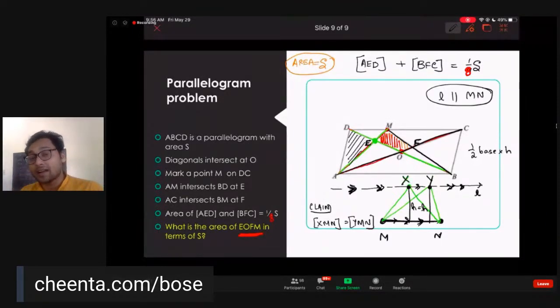Another way to think about parallel lines is that the distance between the two lines is constant. If you measure the distance between the lines anywhere, it is the same.